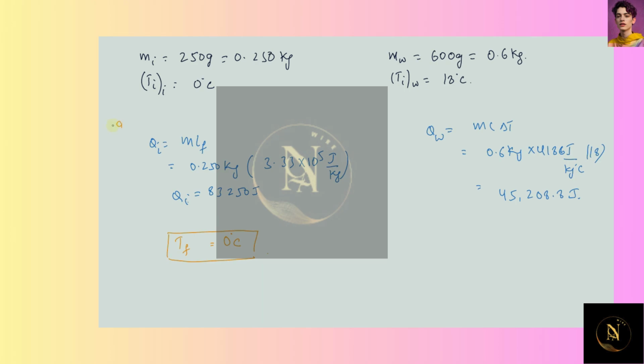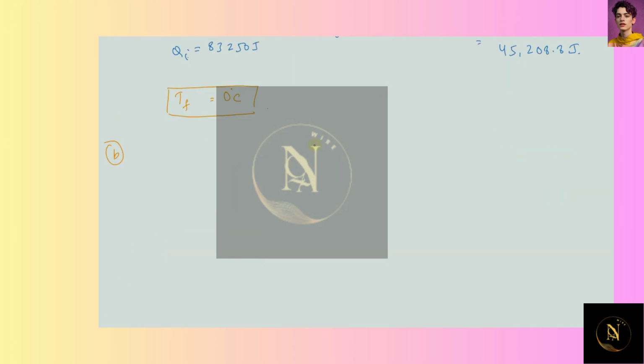Next we'll be solving the B part. In the B part, we have to find how much ice remains when the system reaches equilibrium. So for that, we'll be using the first law of thermodynamics, that is Q of cold will be equal to minus Q of hot. That means the heat lost by the ice will be equal to the heat gained by the water.